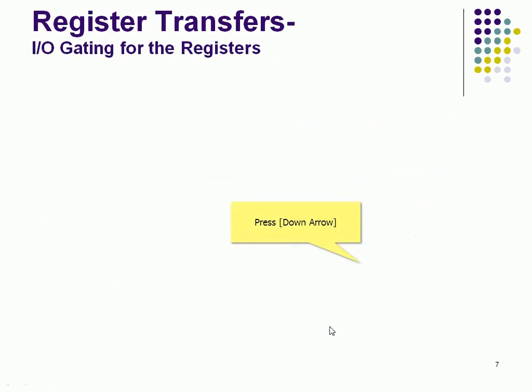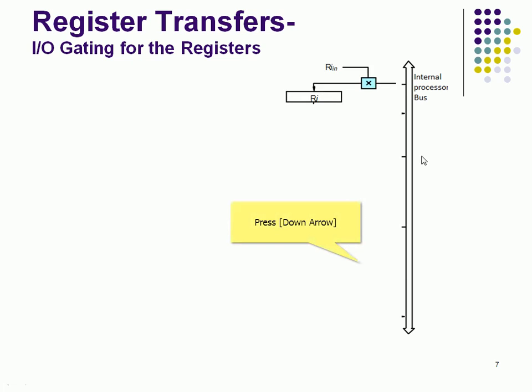So register transfers, the gating for the register will be happening here, right? Register transfers take place within the CPU premises. Let us see the internal processor bus, as we saw in the previous discussion. We have general purpose registers called R0 to Rn-1.